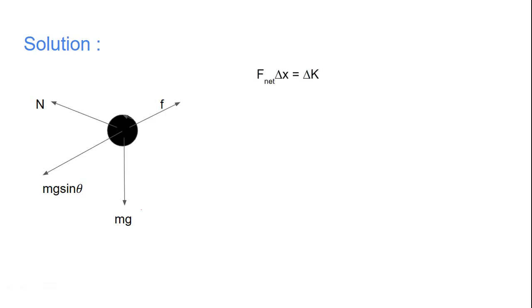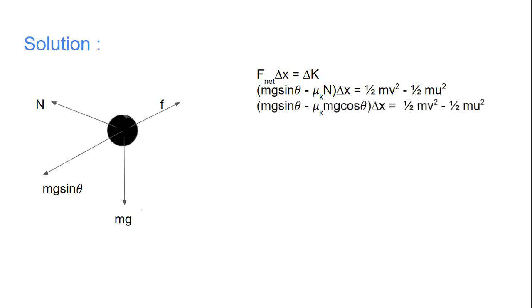From the work-energy theorem, F net times delta x equals delta K. The net force is mg sine theta minus mu k N, times delta x, equals half mv squared minus half mu squared. N is equal to mg cos theta.